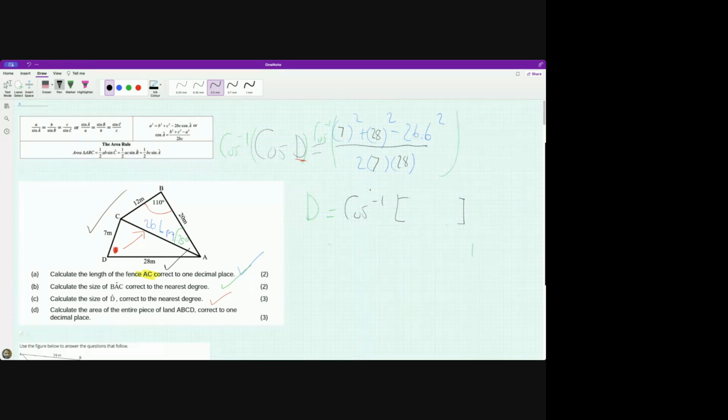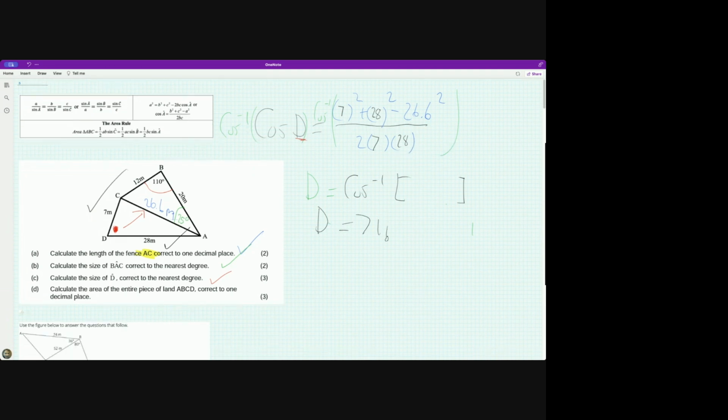Shift cos, fraction 7 squared plus 28 squared minus 26.6 squared over 2 times 7 times 28. Go to the end, close the bracket, and then equals. What I get is 71 degrees. Oh, no.